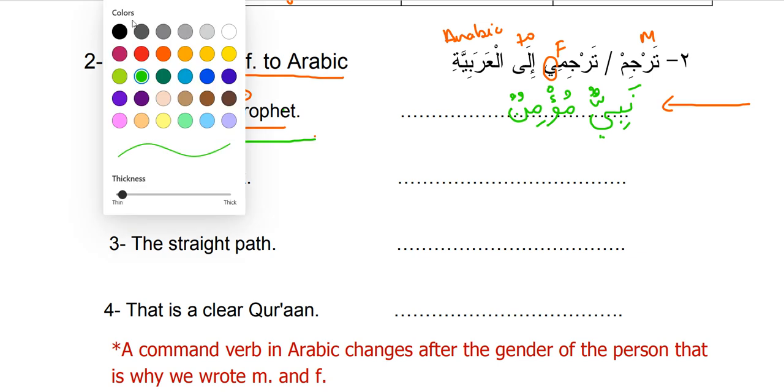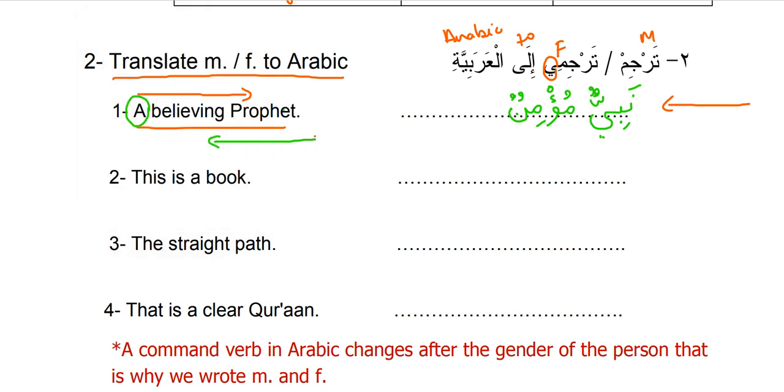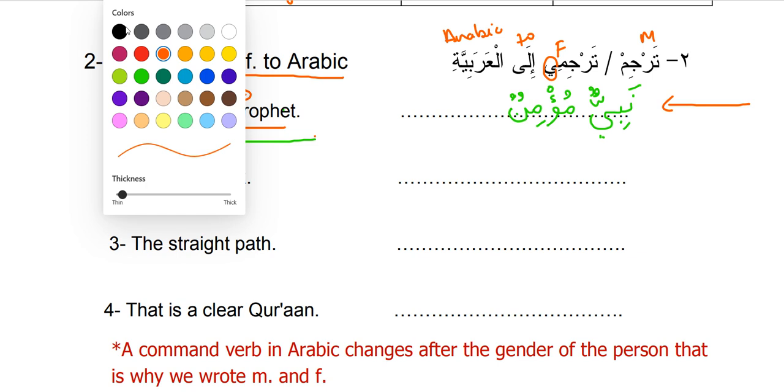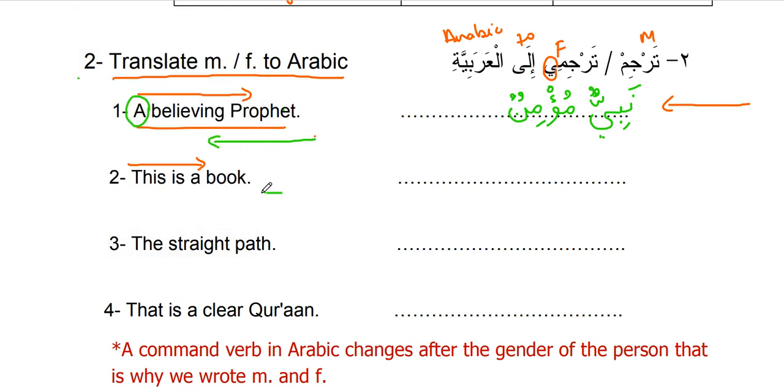So here in English, what you see, this is a book, starts from left to right. But in Arabic, what will we do? We will go from right to left, flip the sentence. So this is a book. Now first of all, keep in mind it's a nakira noun.